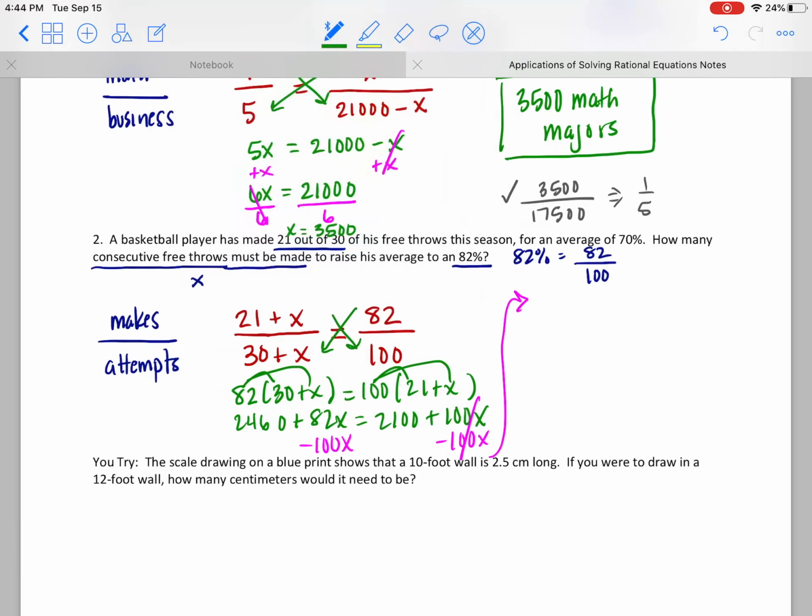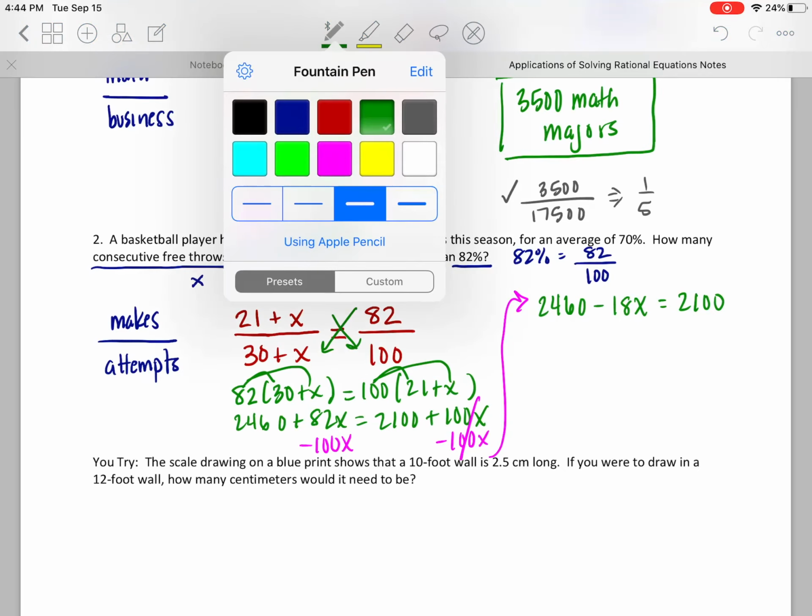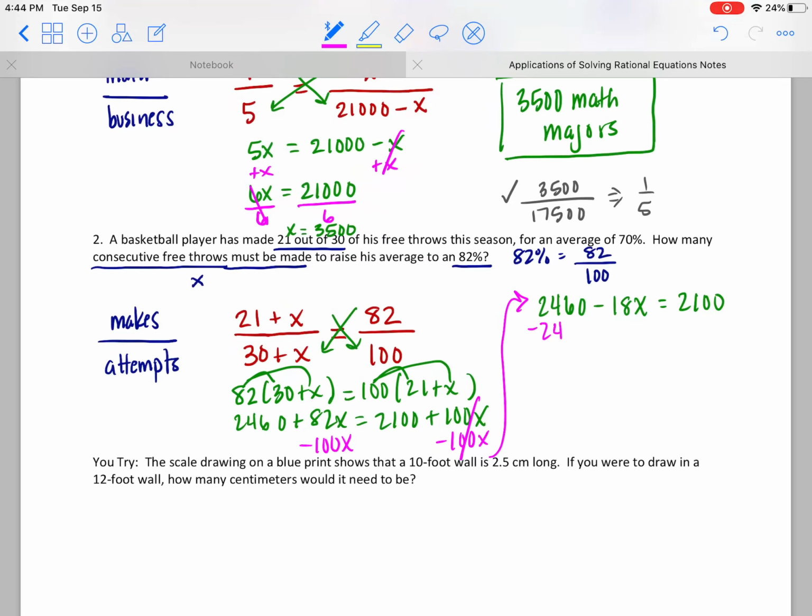That's going to leave me, I still have 2,460. And then it's going to be minus, let's see, positive 82, negative 100 is going to be minus 18x. And then I still have the 2,100 on this side. So now let me subtract over the 2,460. Cancels that out, leaving me a negative 18x equal to a negative 360.